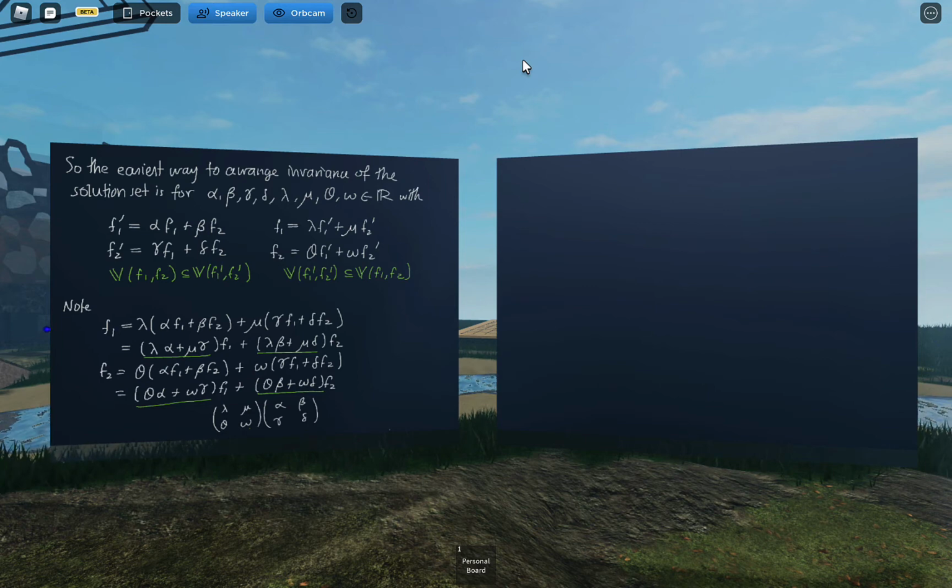Right, so for example, the first coefficient in that matrix product is lambda alpha plus mu gamma, and that's what we see here, right? So that's where matrix multiplication comes from, of course, is exactly what I just did, is substituting linear equations into one another and collecting coefficients. That's where the rule for matrix multiplication originates.